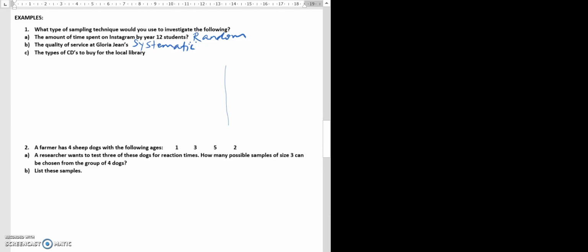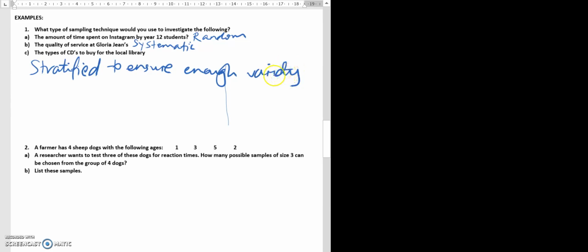And third one, the types of CDs to buy for the local library. I would be having a stratified sample for that, because again, you've got different age groups, okay? So the stratified sample would ensure enough variety from each age group.